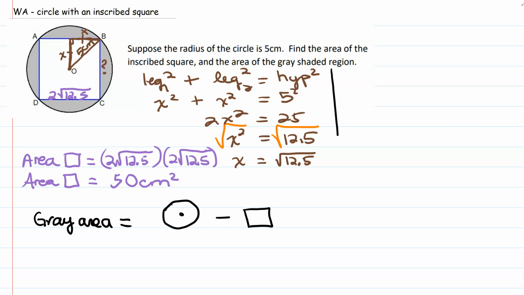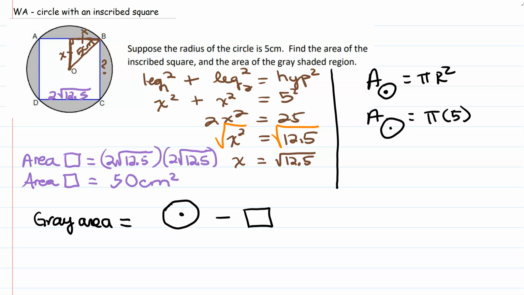In order to find the area of a circle, we say area of a circle is pi times radius squared. So the area of that circle is pi times 5 squared. I kind of like leaving it in pi form so I don't have to type that into my calculator. That is 25 pi. So the gray area would be 25 pi minus 50.